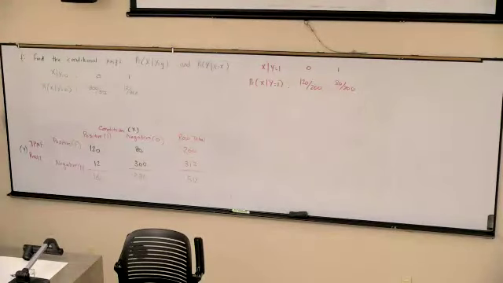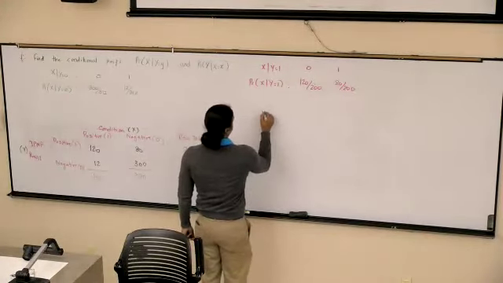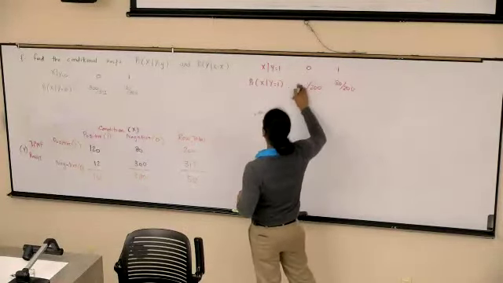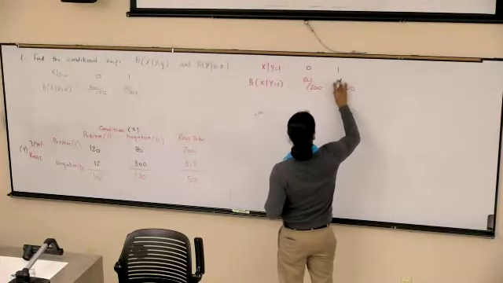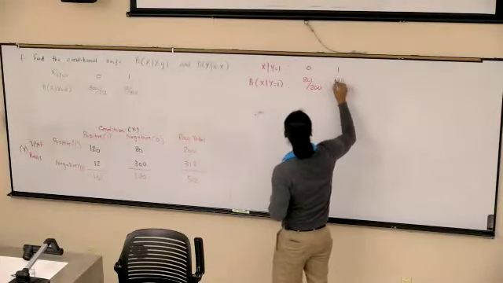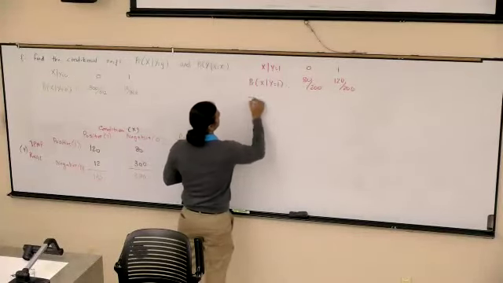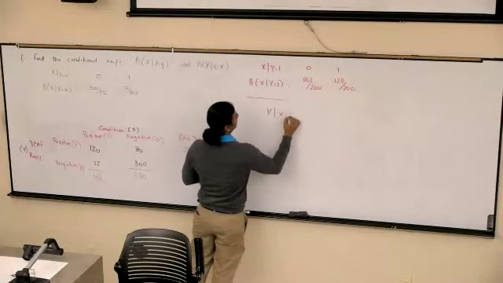The next one would be y. I should have just kept it as 0, 1. Y given x is equal to 1.